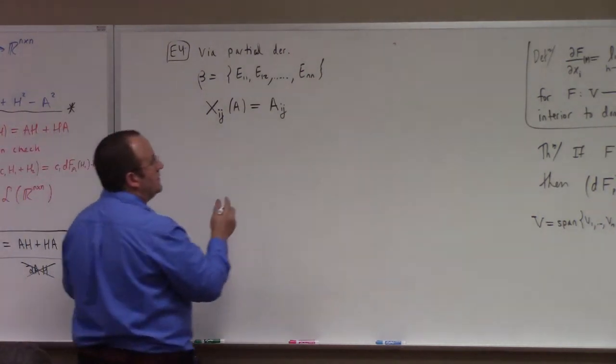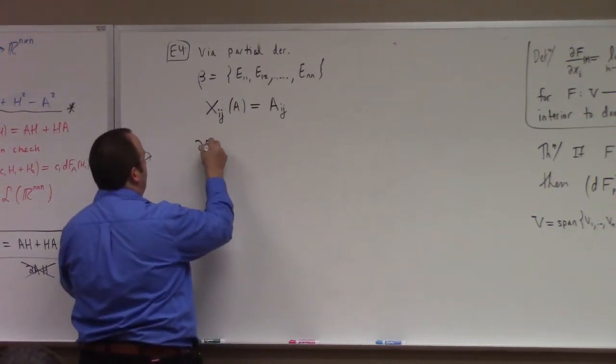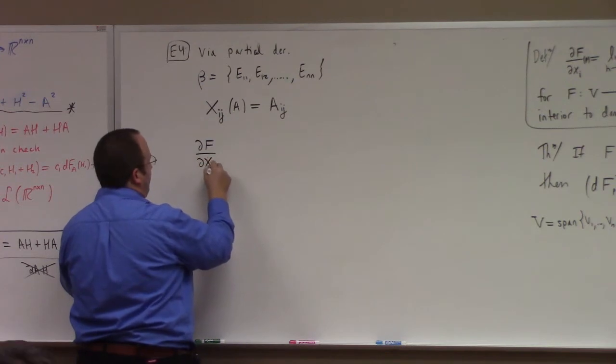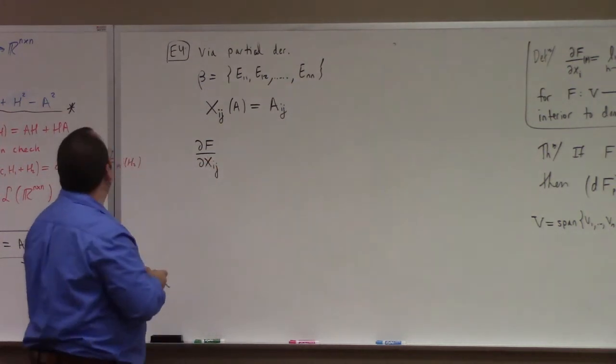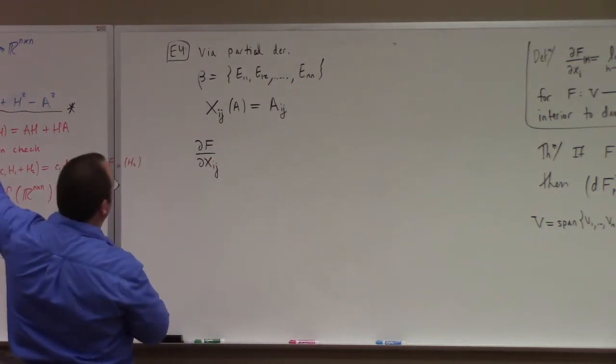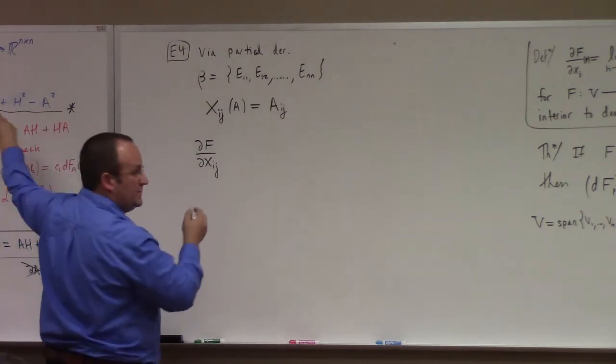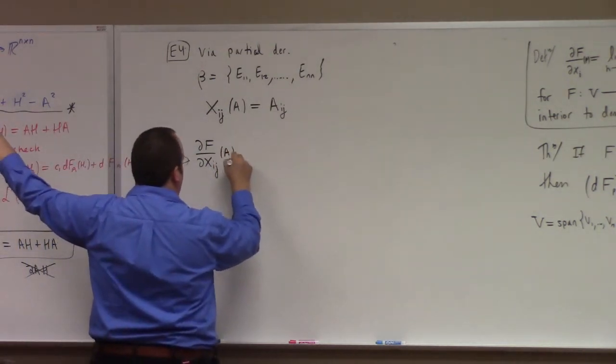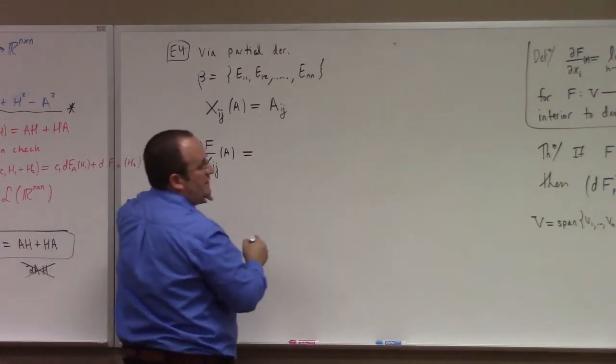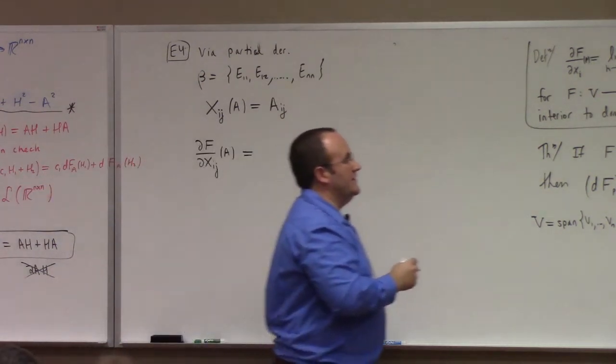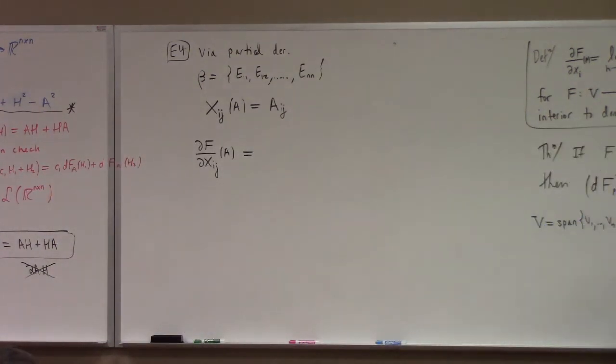So to calculate partial f partial xij at P, which was A here, right? At A, we're supposed to take, oh, you guys don't like limits, do you?